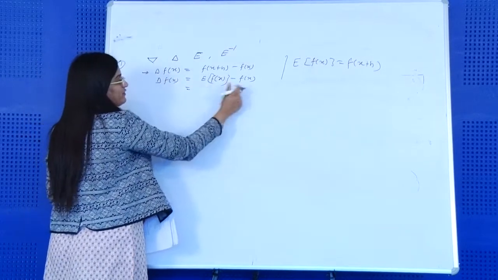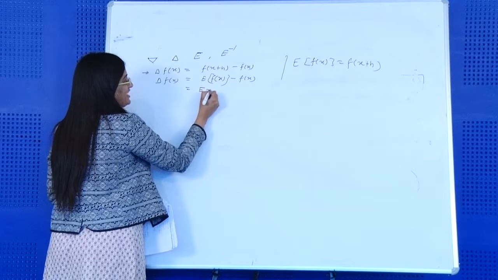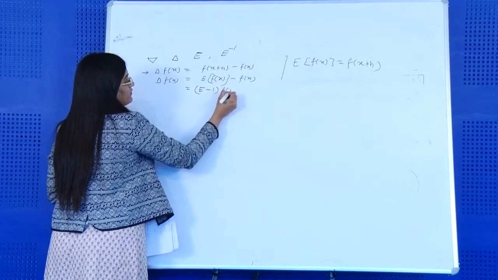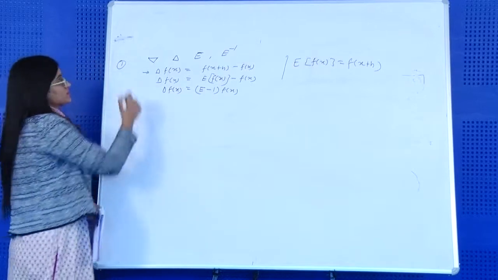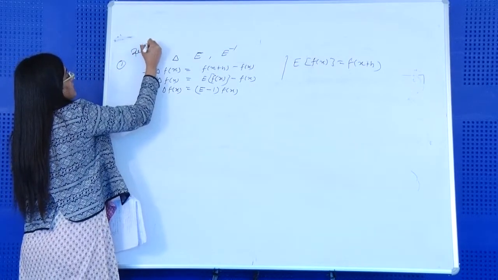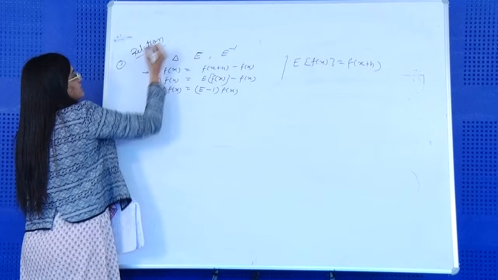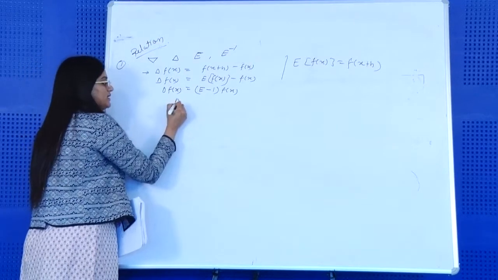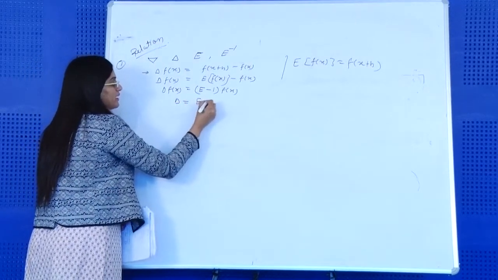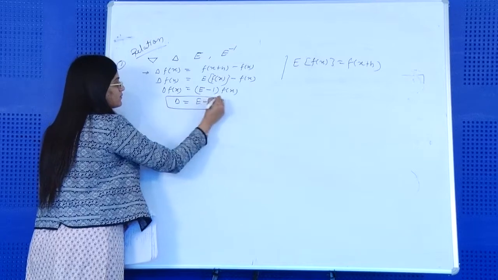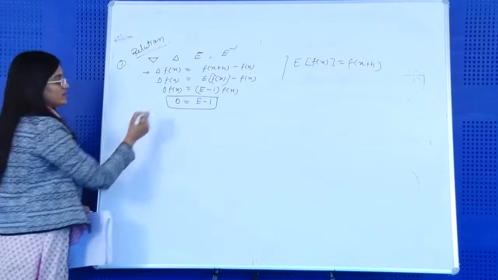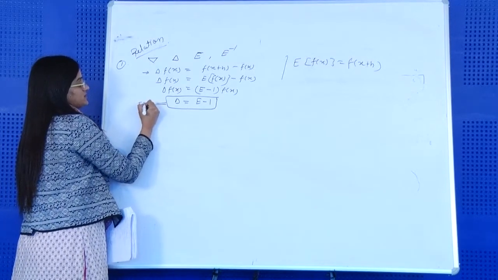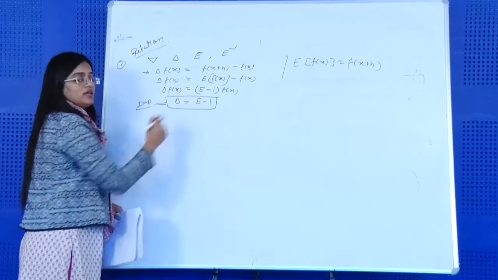I take f of x as common, I get E minus 1 f of x is delta of f of x. This is the relation. So delta equals E minus 1. With this proof, we get the important result which is delta equals E minus 1.